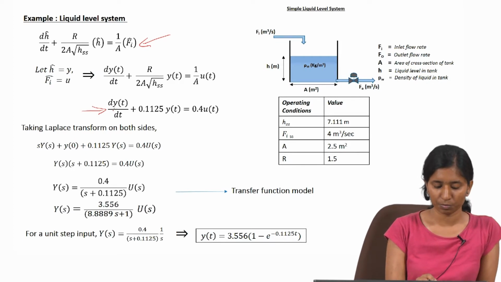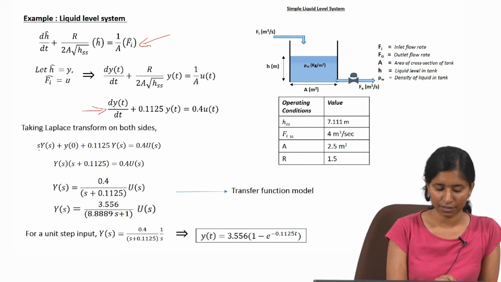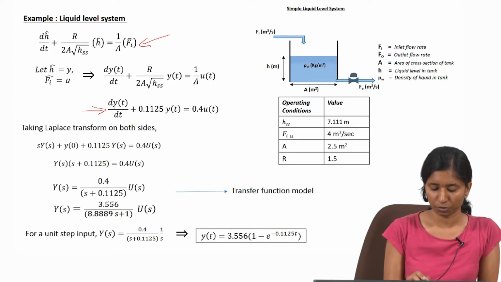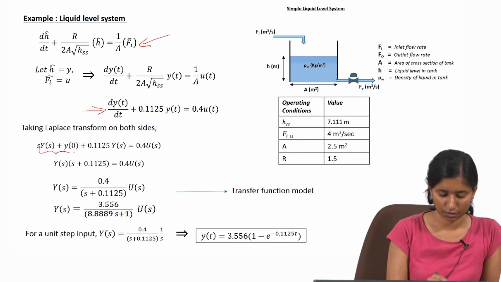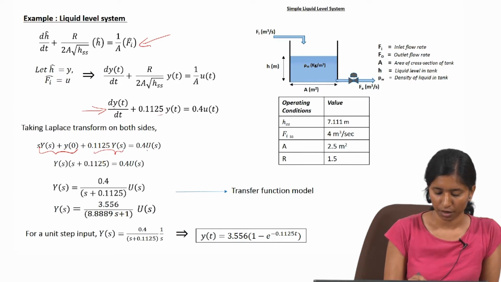If you take the Laplace transform of this particular equation, what we will get is s times y of s plus y of 0 plus 0.1125 times y of s equal to 0.4 times u of s. So, this is the Laplace transform of dy by dt, this is the Laplace transform of this term, and this is the Laplace transform of u of t.